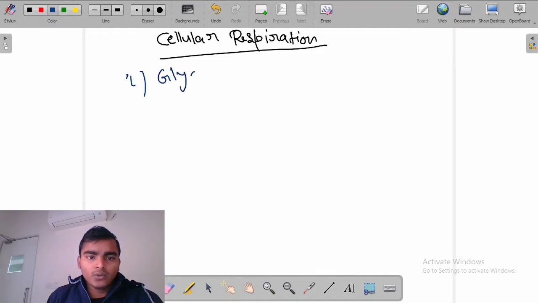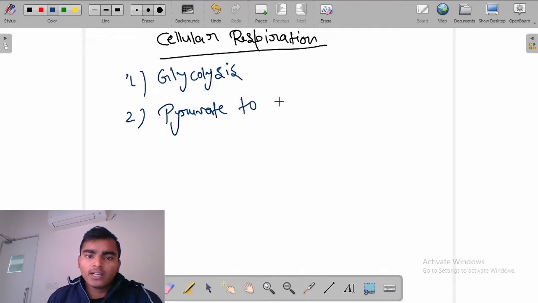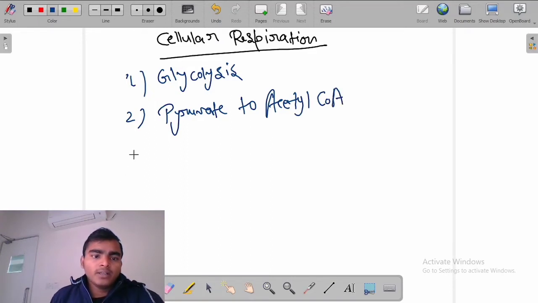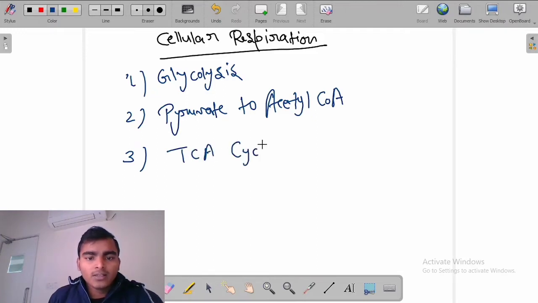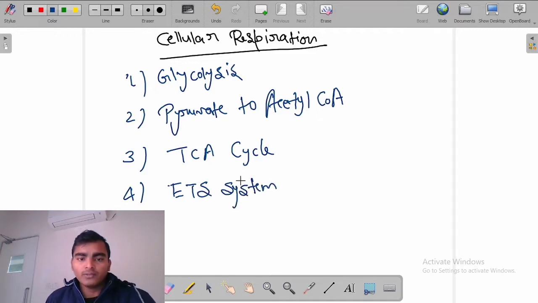The second one is the conversion of pyruvate to acetyl coenzyme A. The third one is the TCA cycle, and the fourth one is ETS, or electron transport system, in which we will also be talking about oxidative phosphorylation.